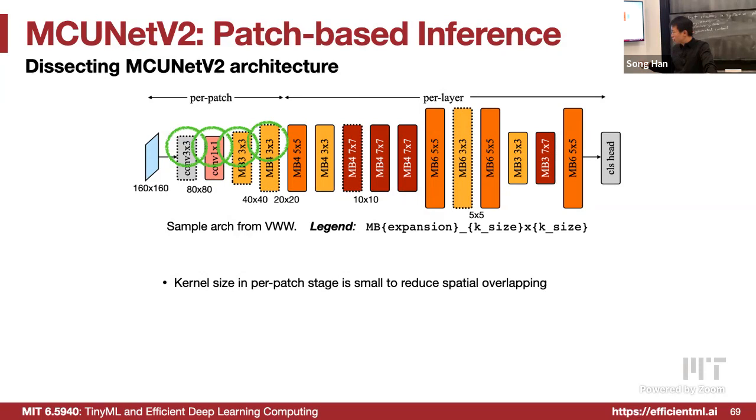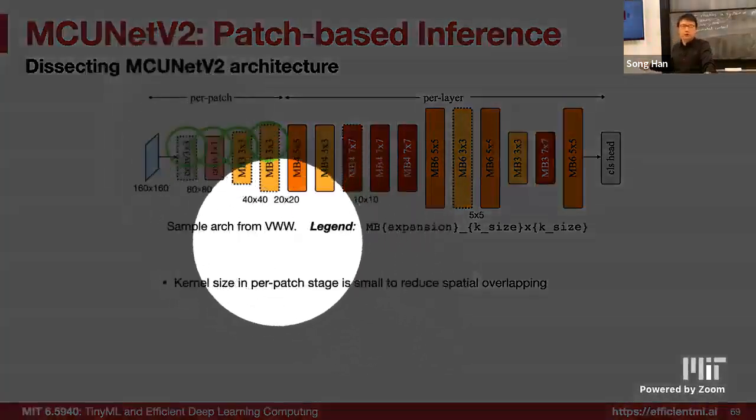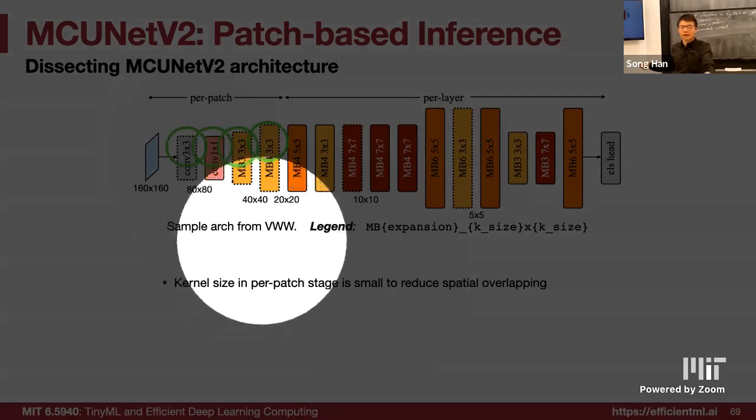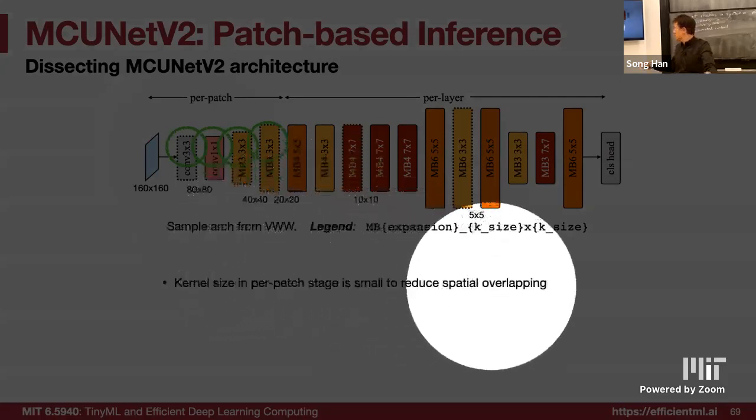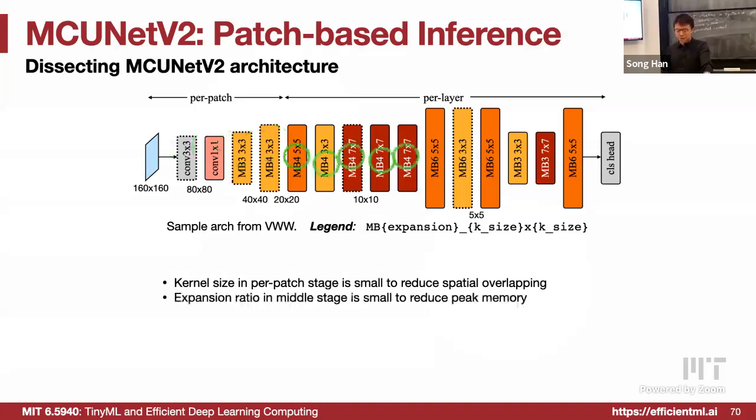Okay, the kernel size is actually chosen to be pretty small. That's a decision made by our neural architecture search algorithm to reduce the spatial overlapping. Okay, the smaller the overlap, the smaller the halo, the less overhead for compute, which makes a lot of sense.